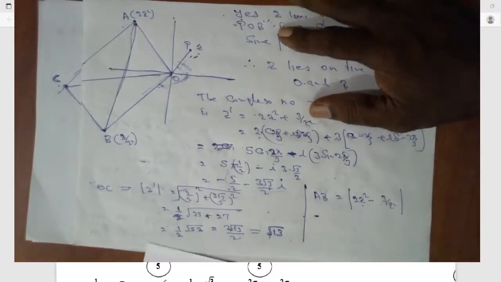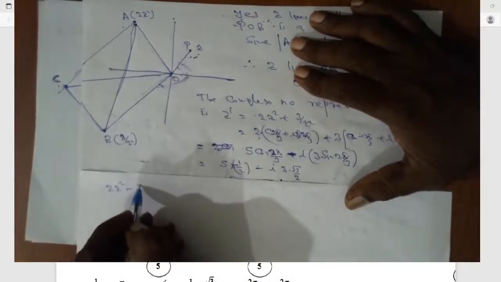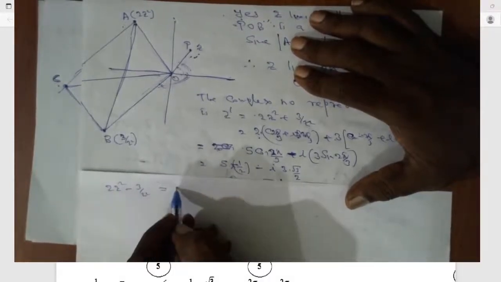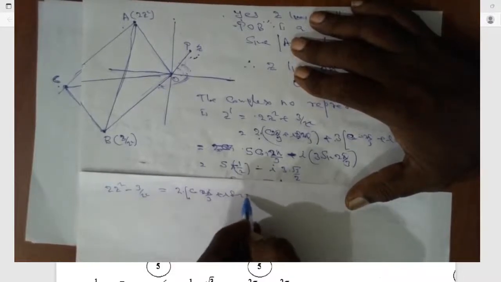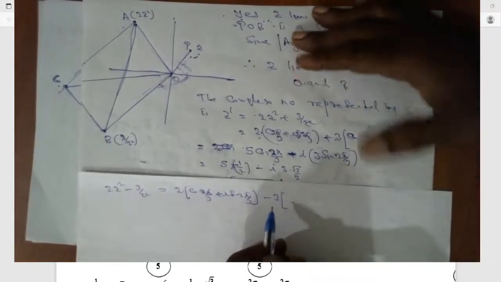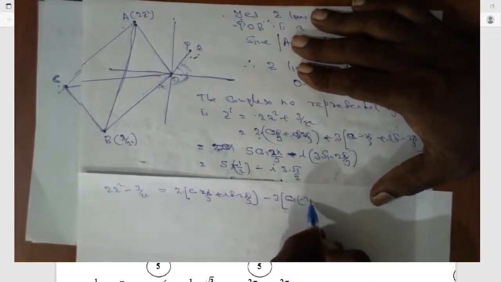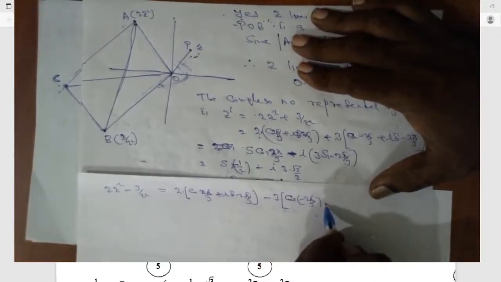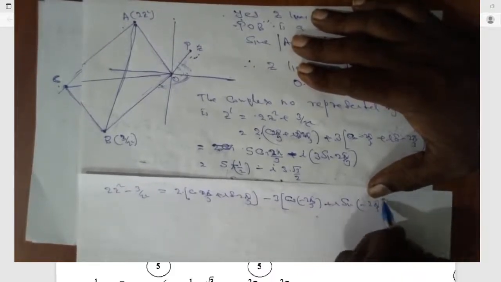First you calculate this difference of two complex numbers. So this equals 2 into cos 2 pi by 3 plus i sin 2 pi by 3, minus 3 times cos minus 2 pi by 3 plus i times sin minus 2 pi by 3.